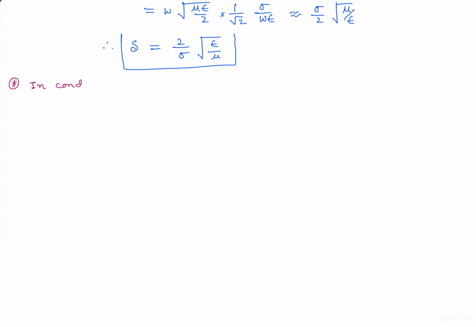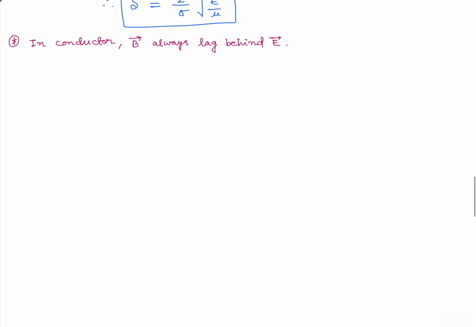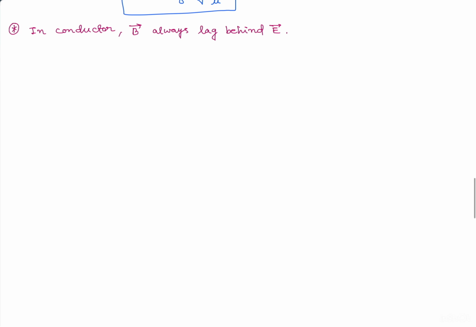In conductor, the magnetic field B always lags behind electric field E. And the phase we calculated, the phase phi equal to tan inverse beta by alpha, or half tan inverse sigma by omega epsilon.